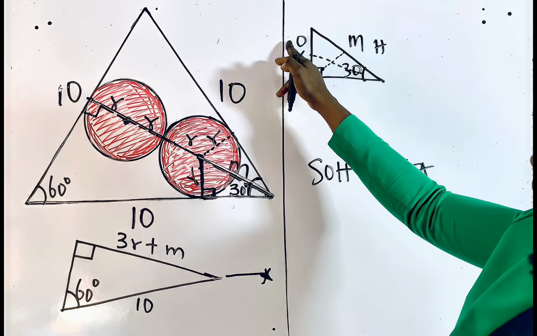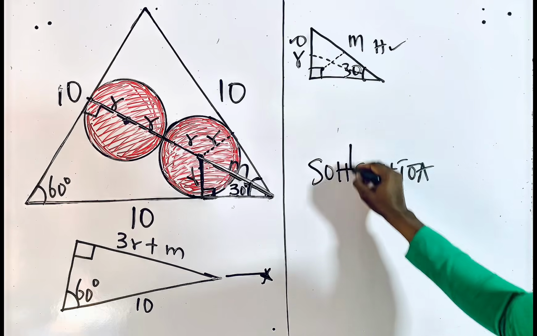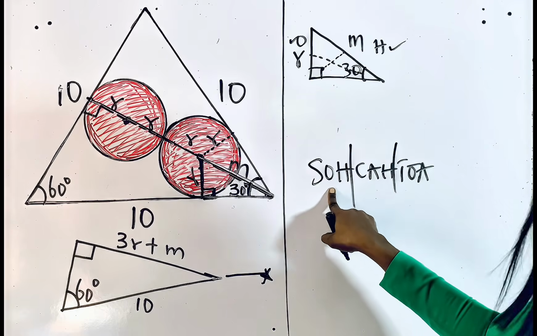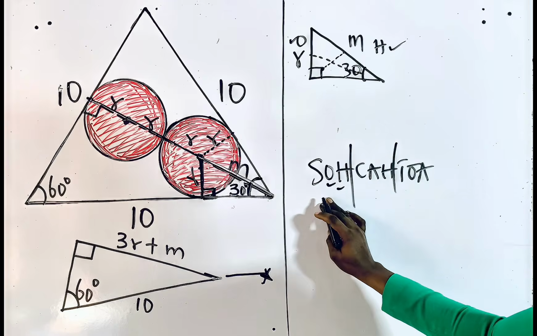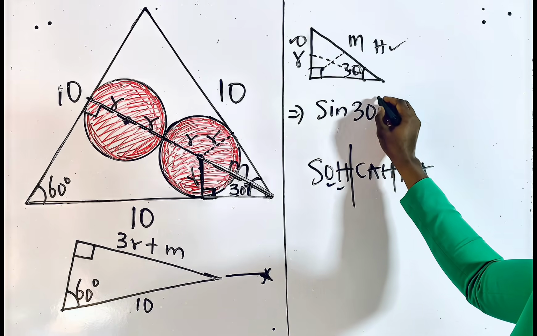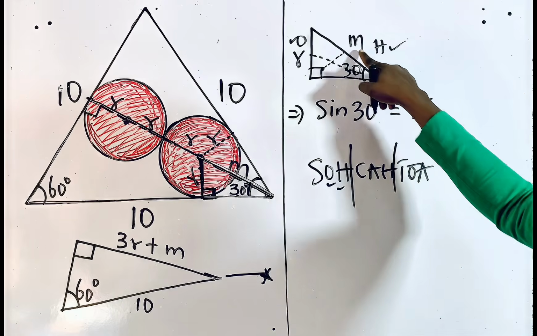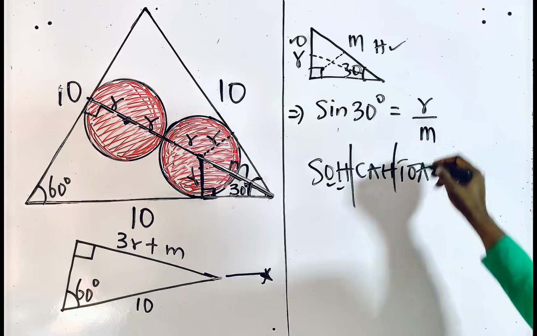Now, looking at this, you see that we are working with opposite and the hypotenuse. So which of these has that information? It is sine. So we are going to make use of our sine. To do that, we have sine of 30 degrees is equal to the opposite side, which is r, divided by the hypotenuse, which is m.